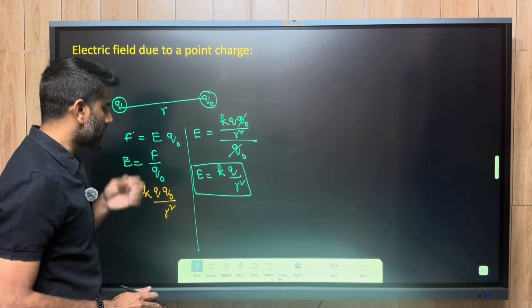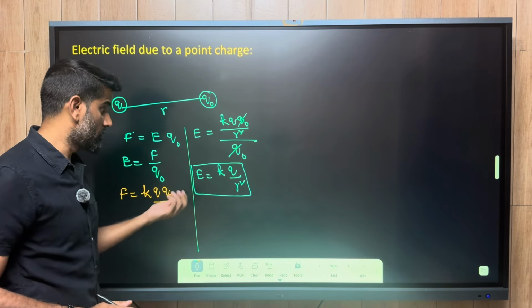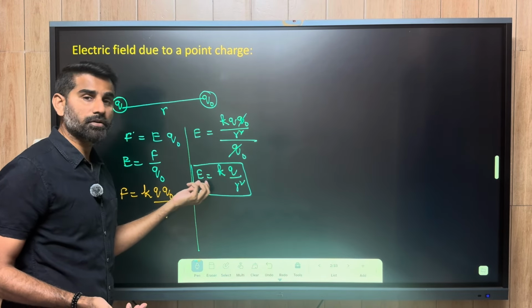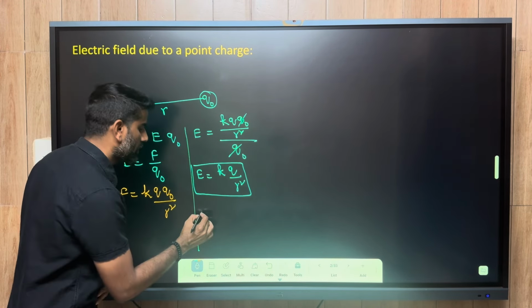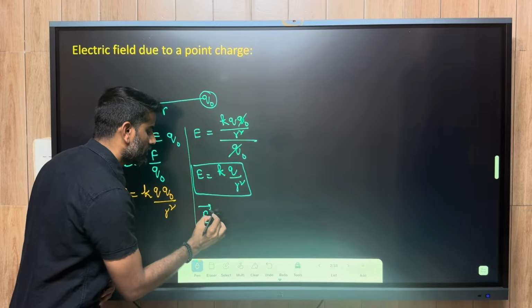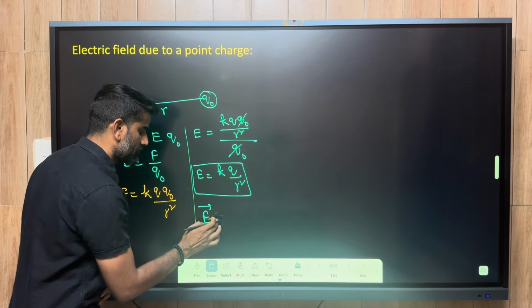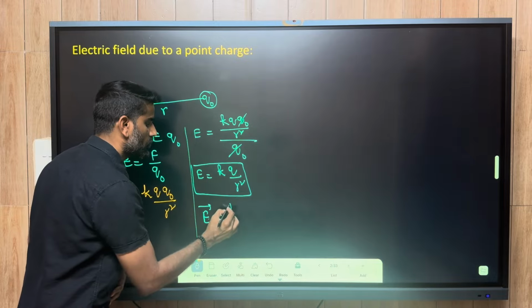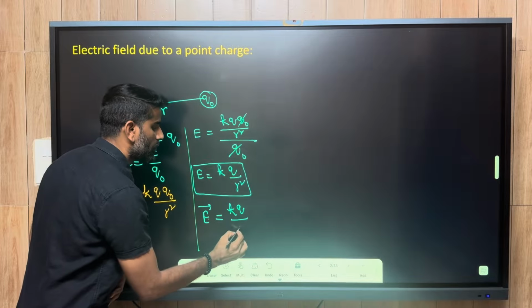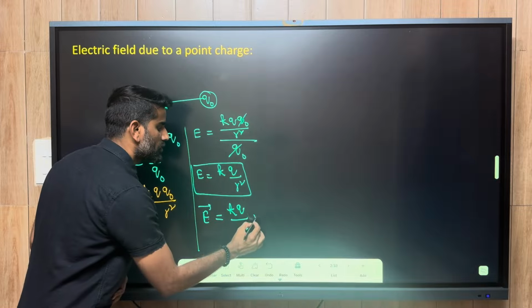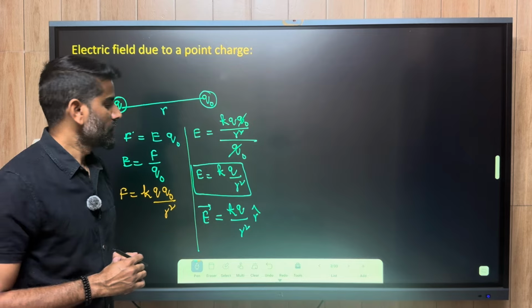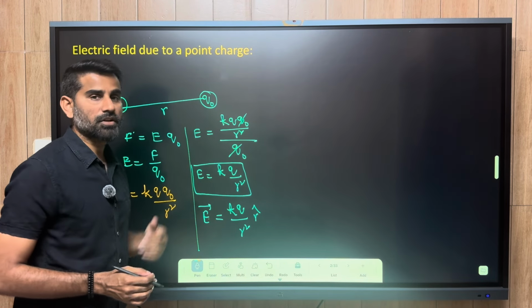Now if you want to look at the vector representation, as we already know, electric field is a vector quantity. So for the vector representation, E is equal to K Q by R square, and I have to introduce a unit vector along the line joining the charges.